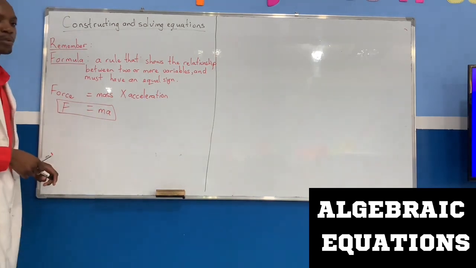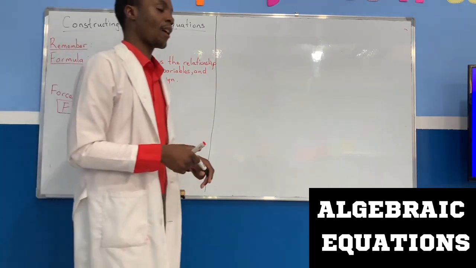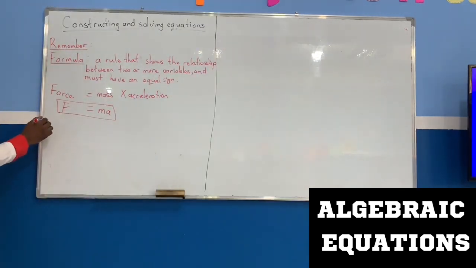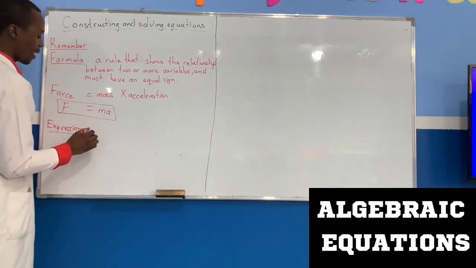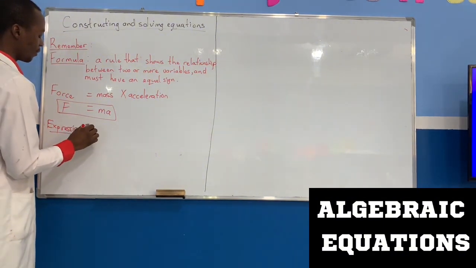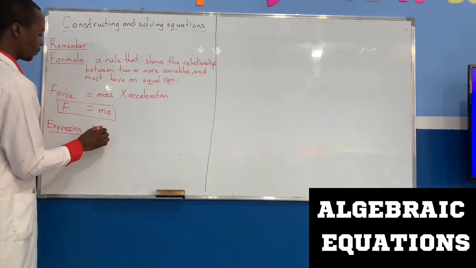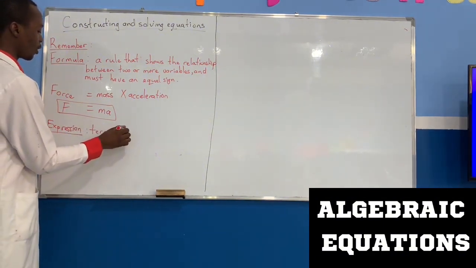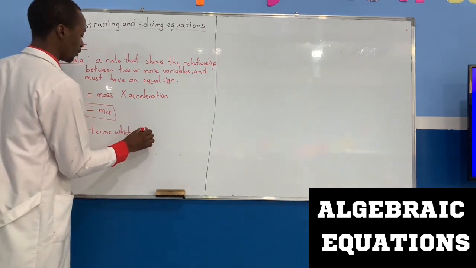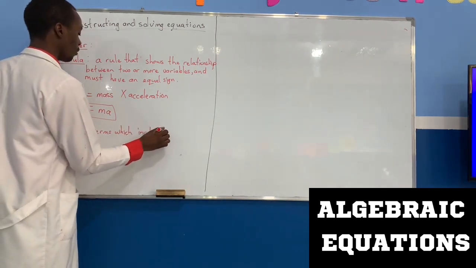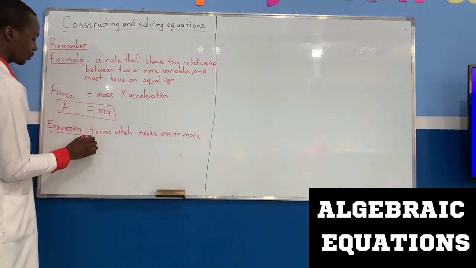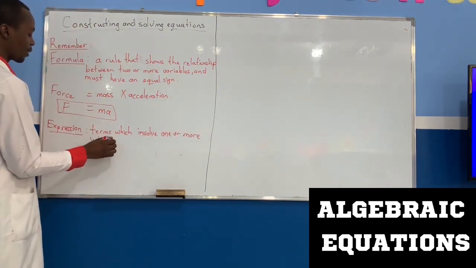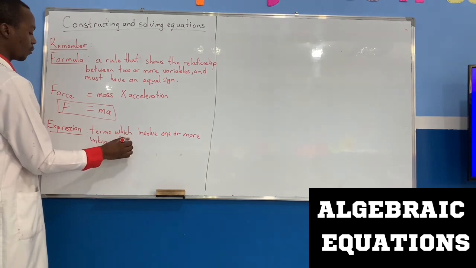Alright? So next we want to look at expressions. An expression is a statement which involves one or more variables. It may have just terms in x or terms in x and y. But the other thing to note is that it does not have an equal sign.